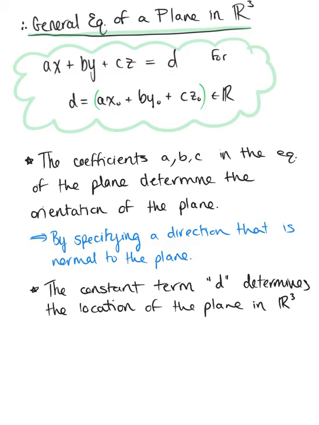Now, what's fun about this constant term is if we hold the coefficients A, B, and C as they are, we hold them fixed, we can generate parallel planes by varying the value of D.